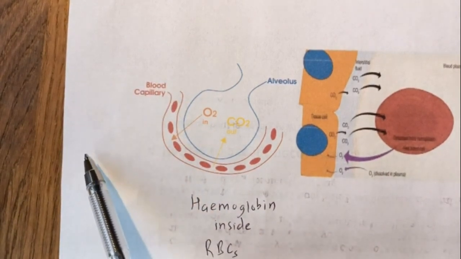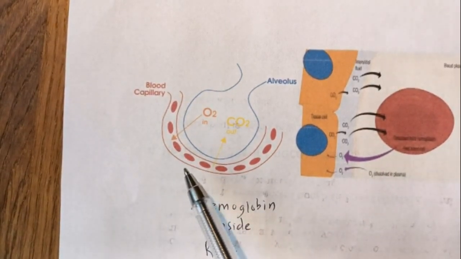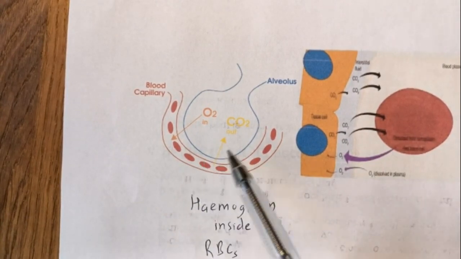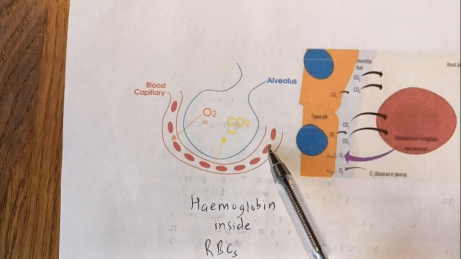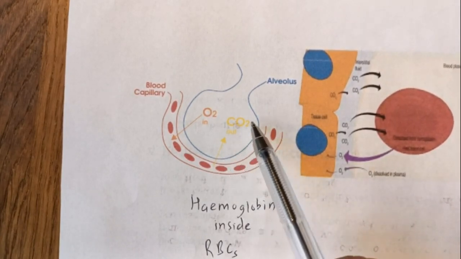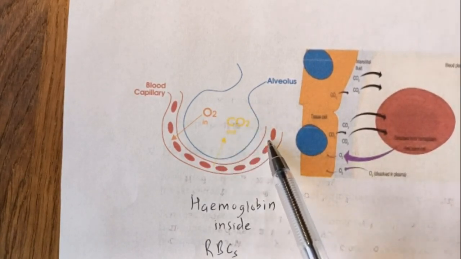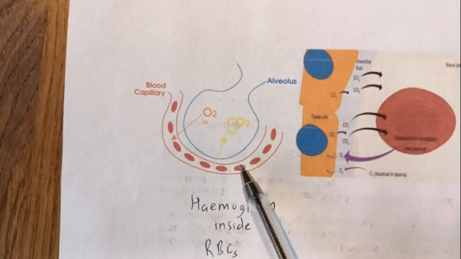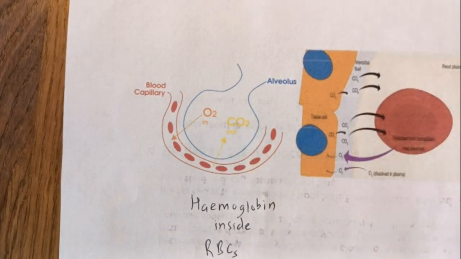So it goes into the heart, and then the heart pumps the blood outside. Similarly, carbon dioxide combines with hemoglobin in the periphery, and then it is brought here. But more carbon dioxide remains dissolved in the blood because it is more soluble in the blood than oxygen.